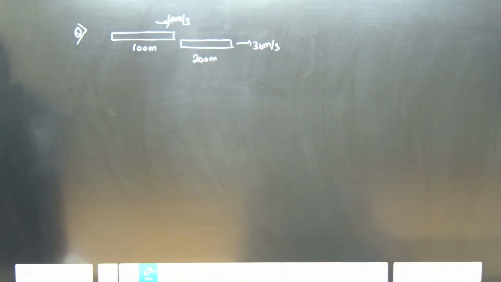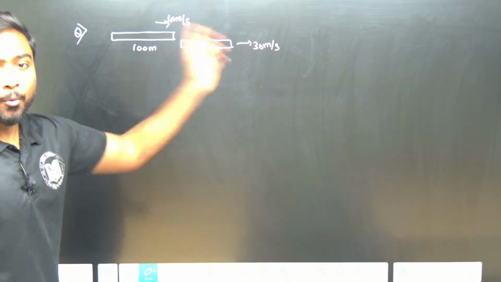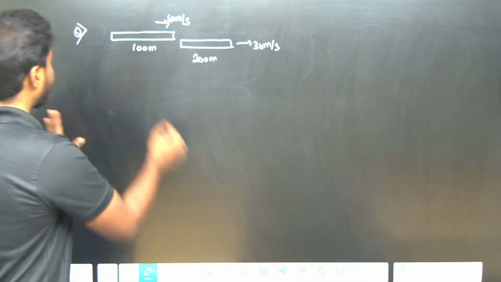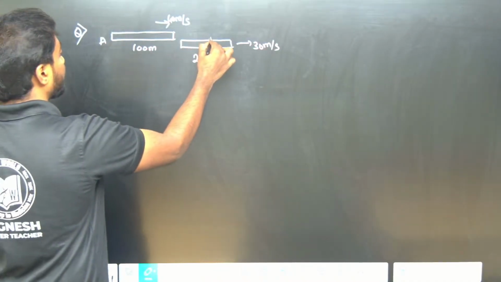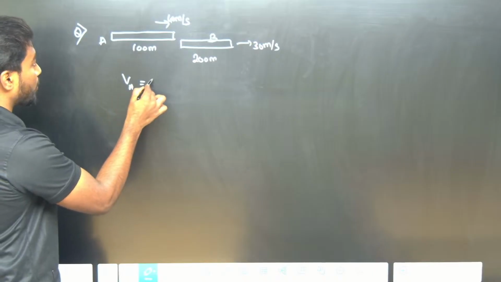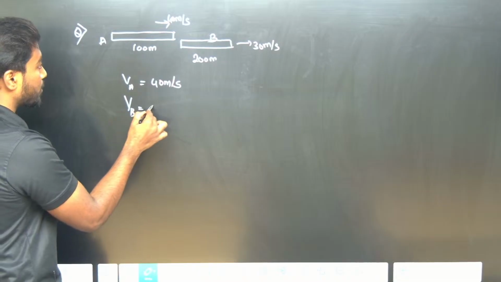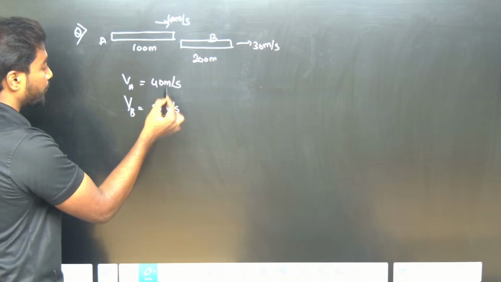right. So when I talk about this diagram, the velocities are both in the same direction. This is train A and this is train B. So velocity of A is 40 meter per second, velocity of B is 30 meter per second.